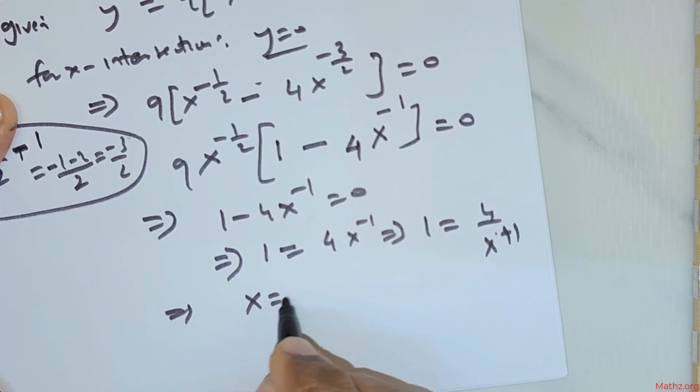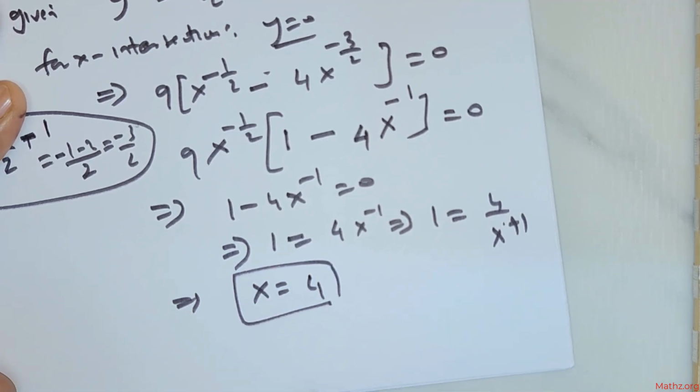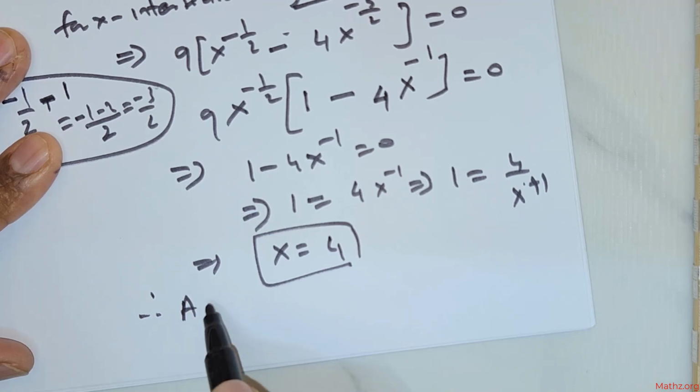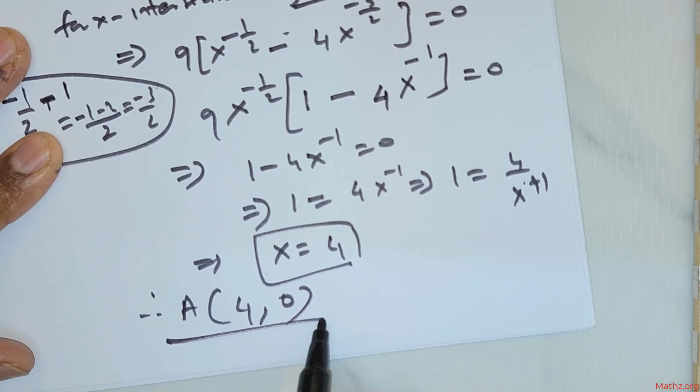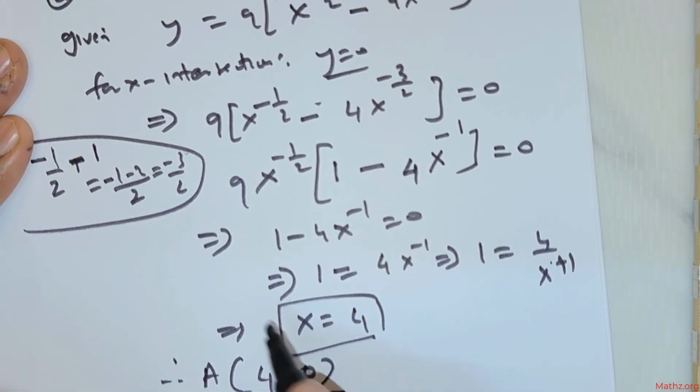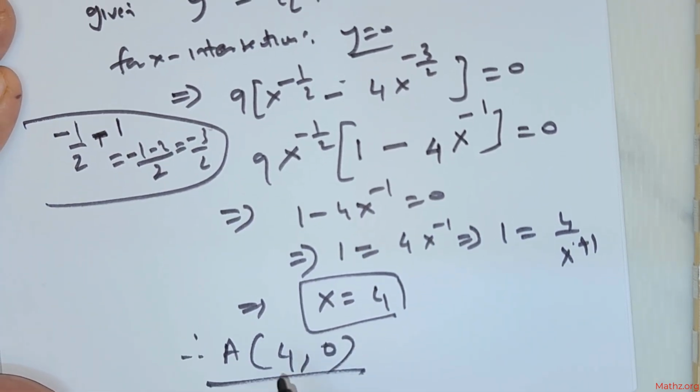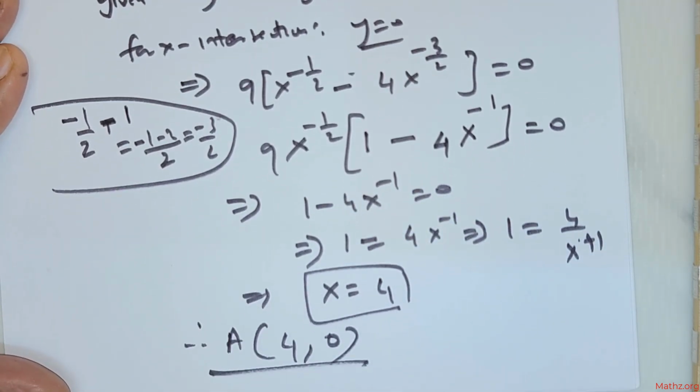That means x is equal to 4. So therefore A's coordinate is going to be 4, 0. So I got that value for A.